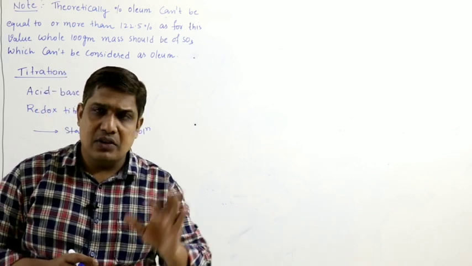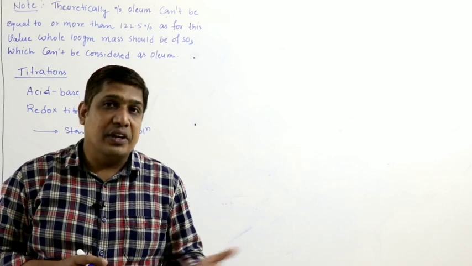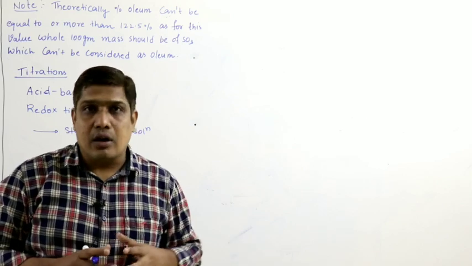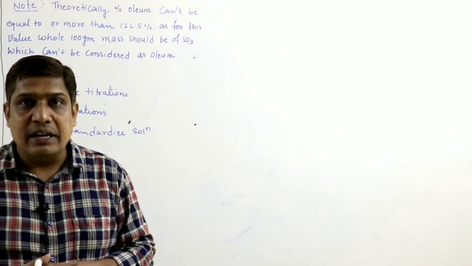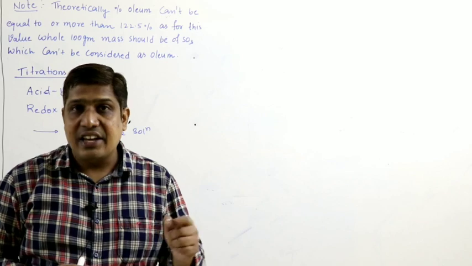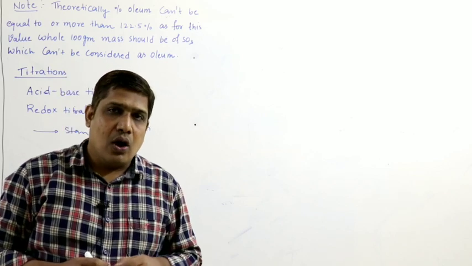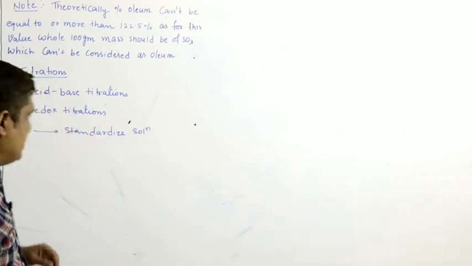Some solution will be given to you and you have to find its concentration, its molarity or its normality. Finding this concentration, molarity or normality, we call standardization of solution. How do you standardize a solution? The answer is by volumetric titration.